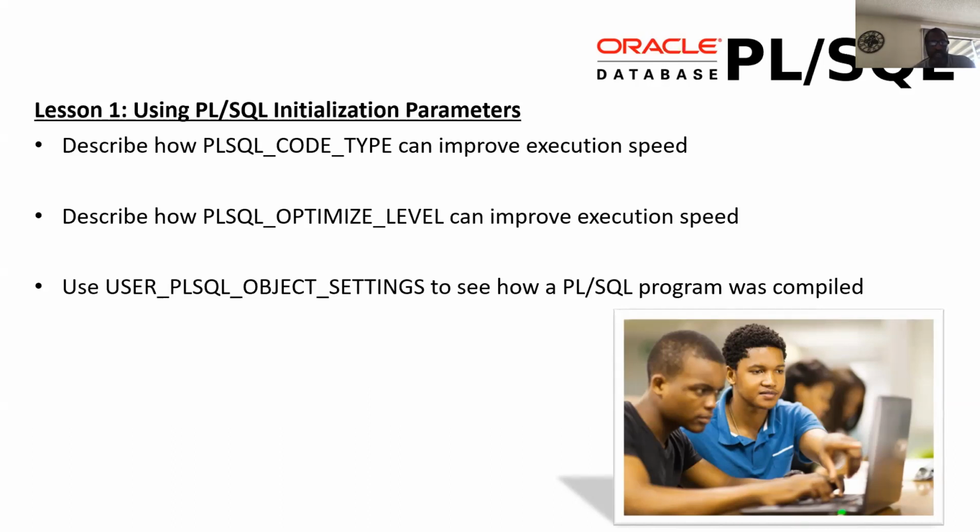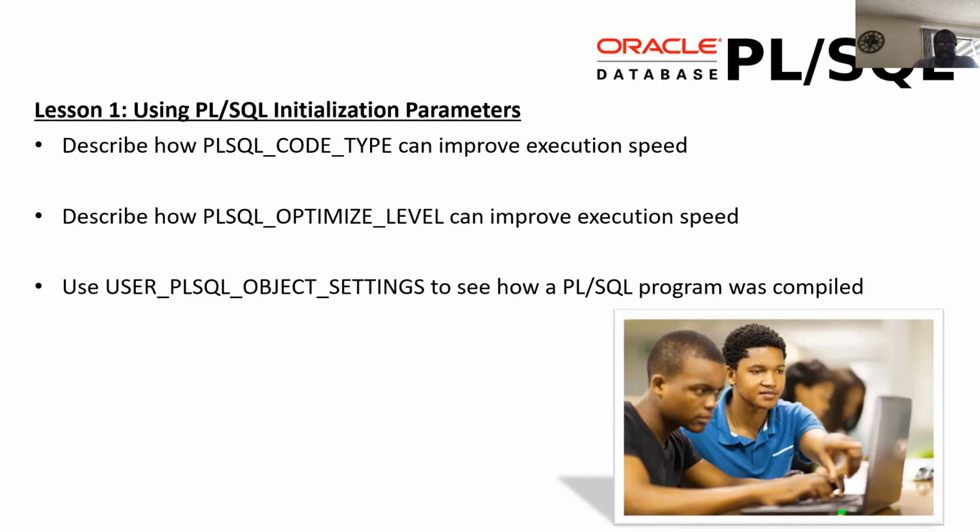All right, so in lesson 1, we're going to look at how to describe this PL/SQL code type, and this is basically a parameter to improve execution speed. We're going to look at the PL/SQL optimized level, which is basically a level of how your code is handled in the compiler.